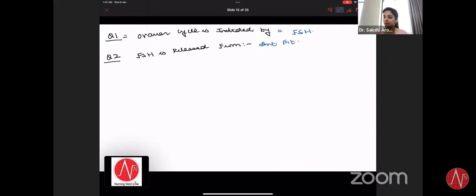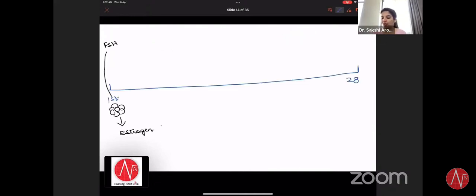Clear? Now FSH ने एक्ट किया on granulosa cells and from granulosa cell estrogen is released.